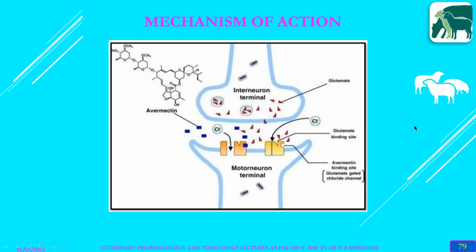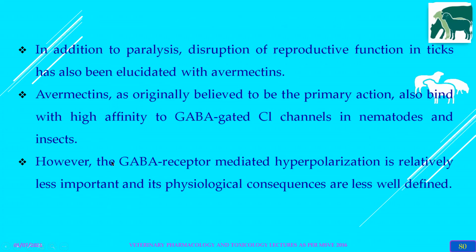So what happens is, whenever there is a very, very high chloride ion inflow, there is a flaccid paralysis of the worm, and hence the worm gets paralyzed. Then apart from this one, there is a reproductive breakdown also present.